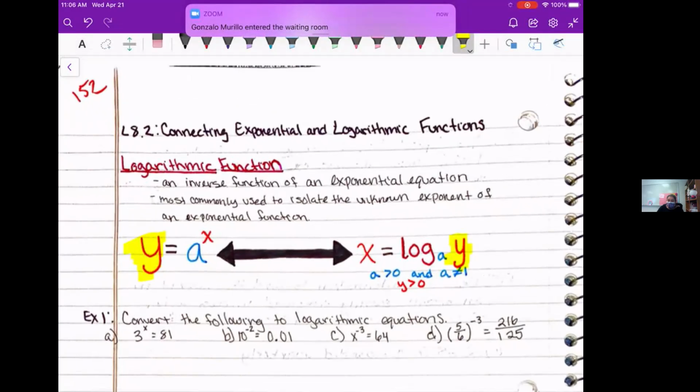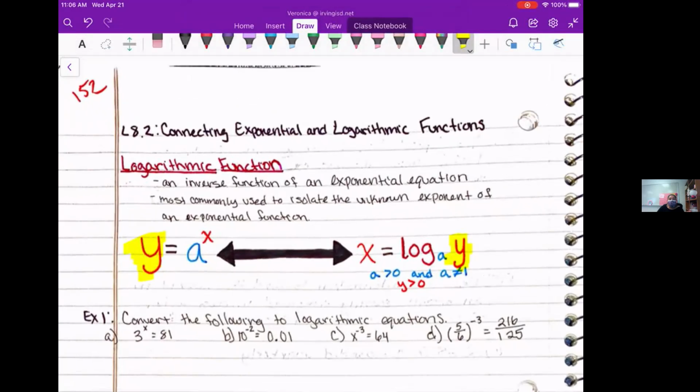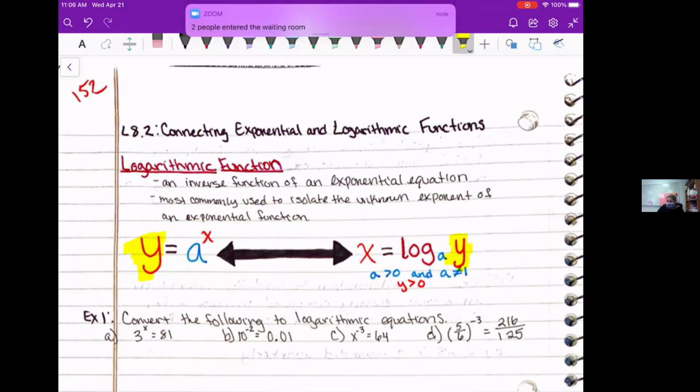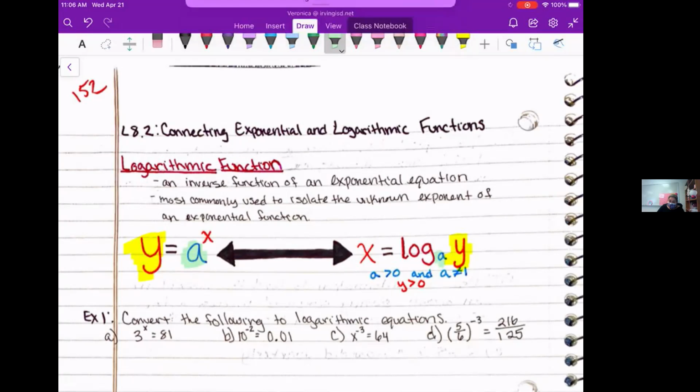Whatever number is on that side of the equal sign is always going to go next to the log. Then your base a is always going to be your little base next to the log. And whatever your exponent is, that's always going to be what comes to the equal sign, because that's your unknown.